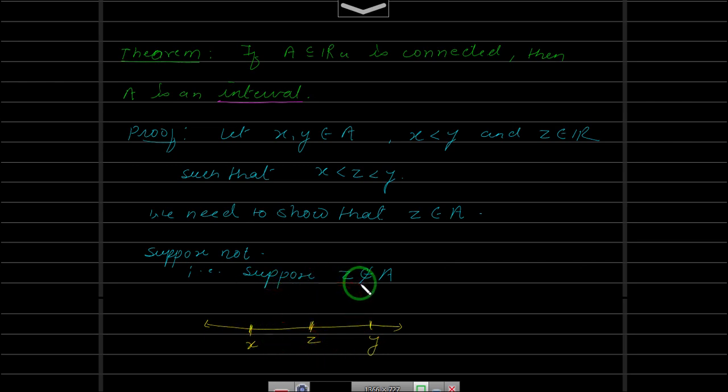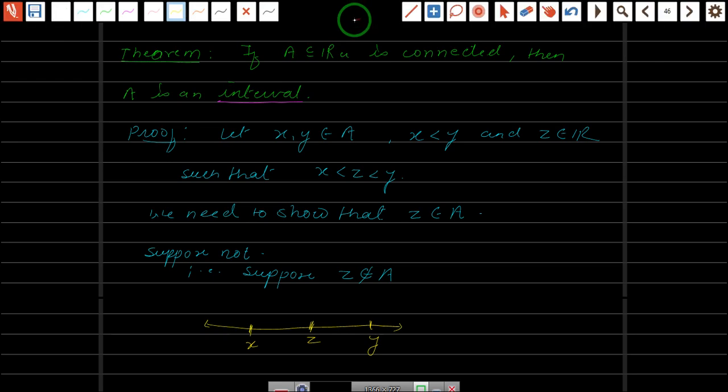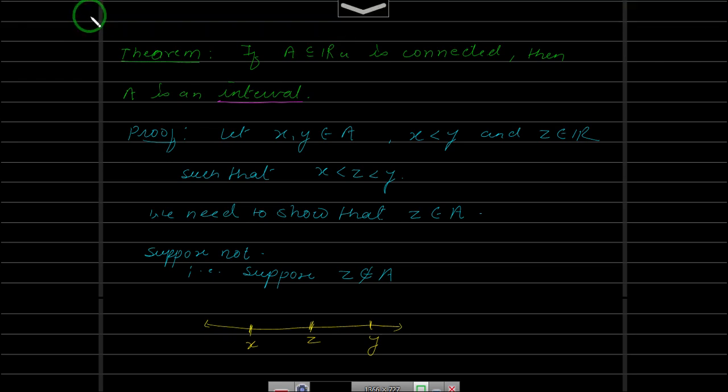So we assume that z is not in A, and if you assume that z is not in A, then you will get a separation for A. And remember, the separation for A will be in terms of subspace. And to get that separation, we will take open sets: from -infinity to z intersection A, and z to infinity intersection A, whatever A we had, to get these parts.